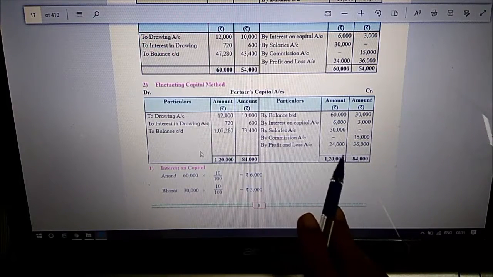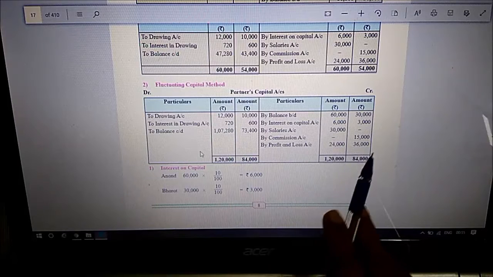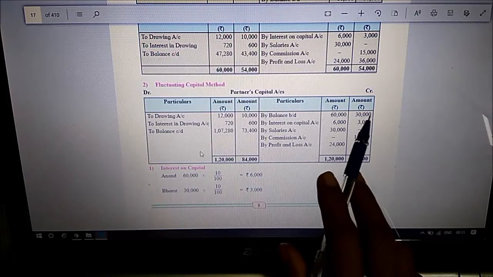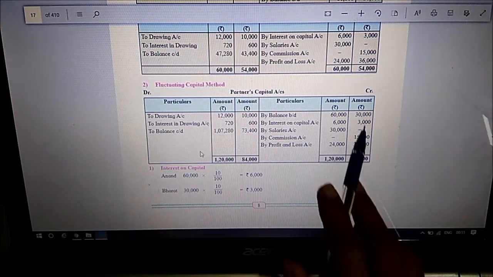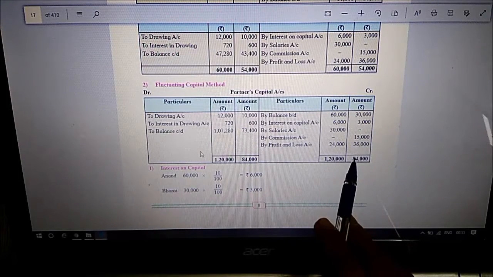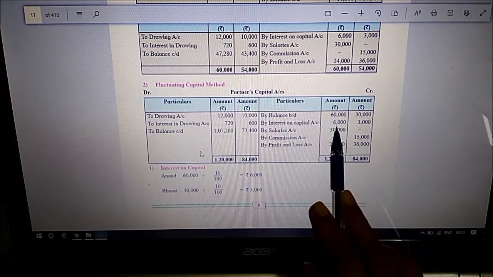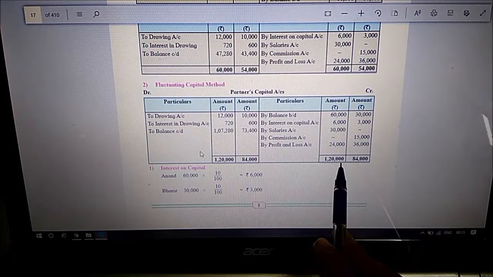So the profit was distributed in the 2:3 ratio, 24,000 and 36,000. We need to add all these entries. Once we add them, Bharat's balance is 84,000 and Anand's is 1,20,000.